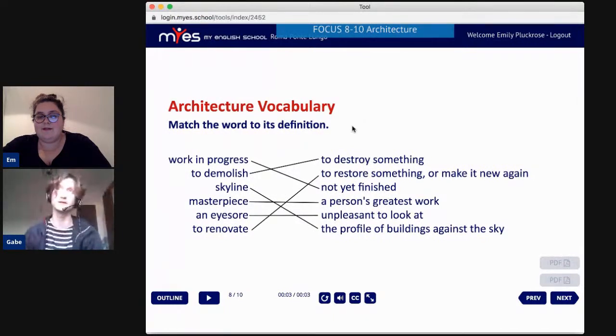Renovate is also something which is exclusively used architecturally, isn't it? Because you can restore many different things, but you can only renovate a building. You can restore a painting or a sculpture or a building, but you only renovate a building.